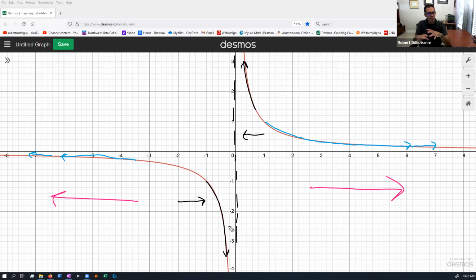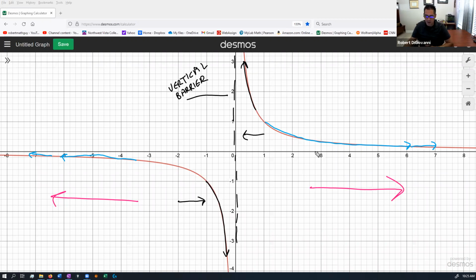Y'all see that visually? What I'm trying to describe here? This vertical thing is like a vertical barrier. It's this vertical barrier that our graph, when it comes to it, has to do something and just takes off, goes down or up.